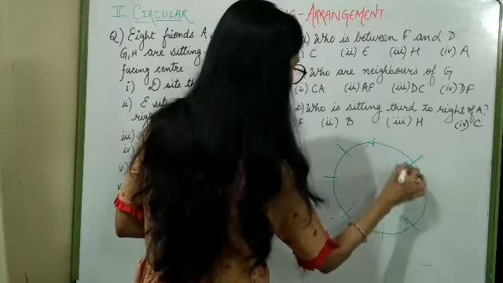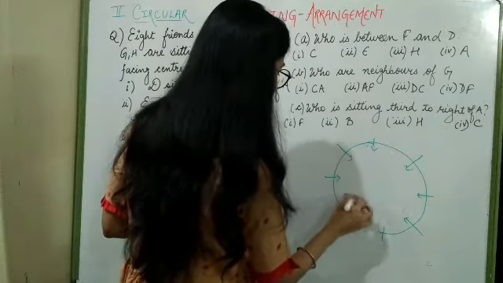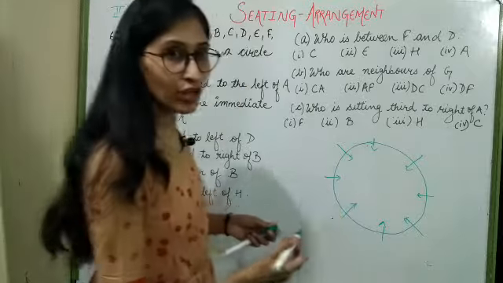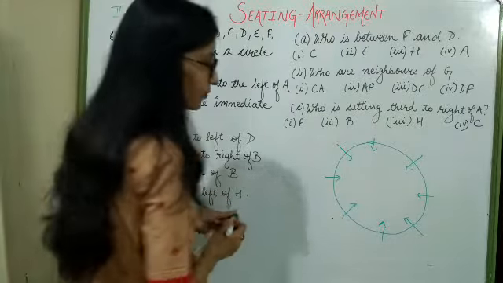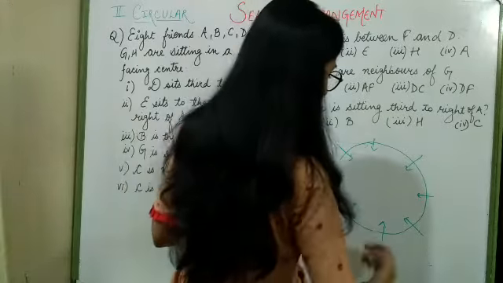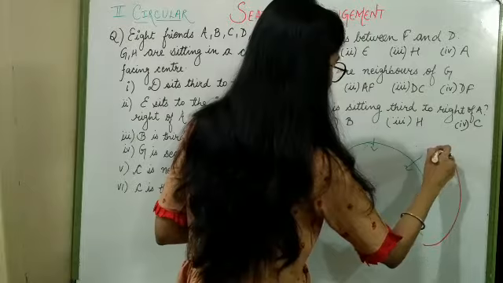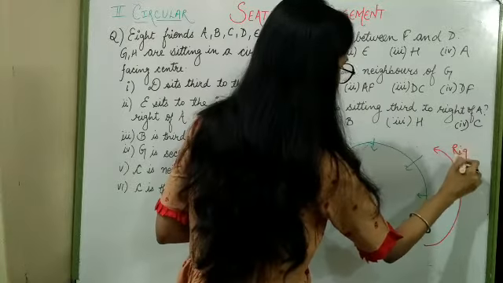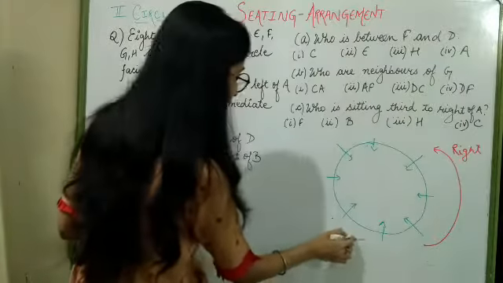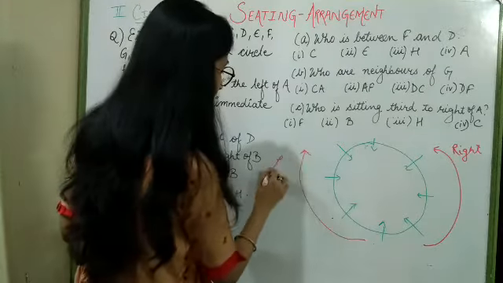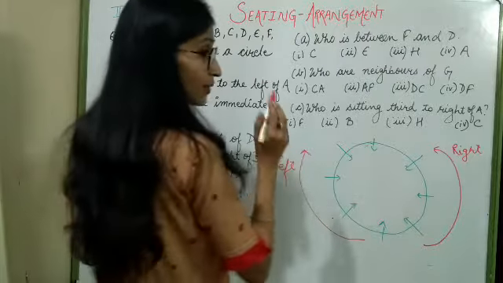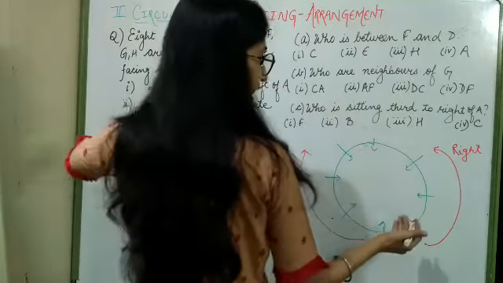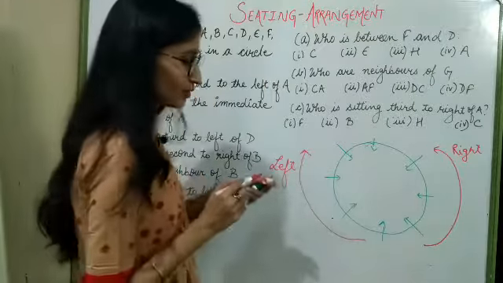Each of them is facing the center. If each of them is facing the center, this will be their right and this direction will be considered as left. If I am sitting like this, this is my right and this is my left.